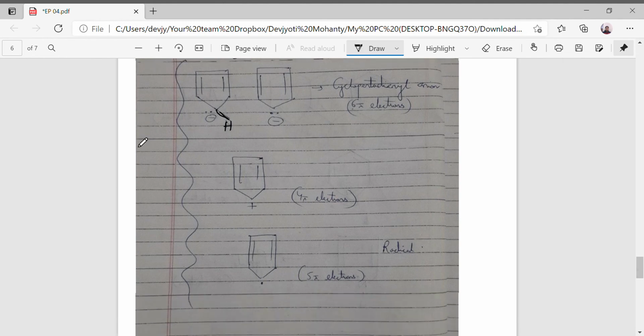And these are also the same. So cyclopentadienyl anion has 6 pi electrons, and the structure is the same with a positive sign, and another one with a dot. It has 4 pi electrons and it has 5 pi electrons.